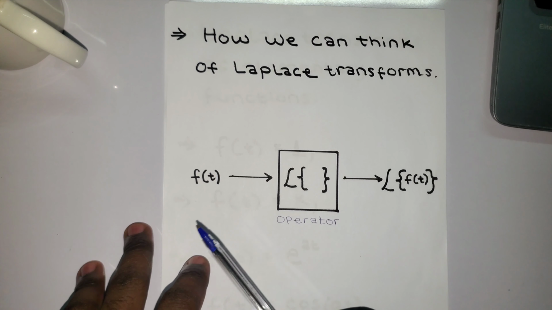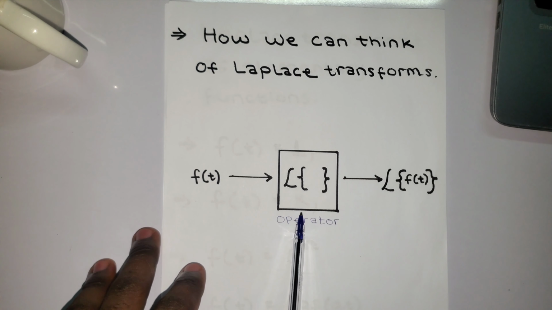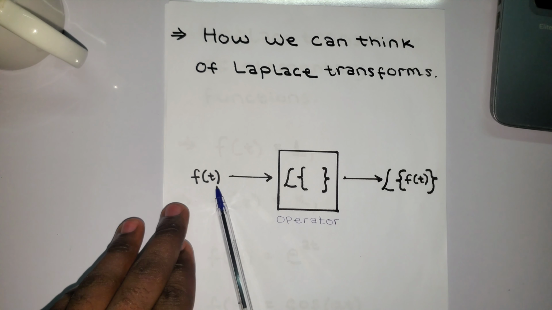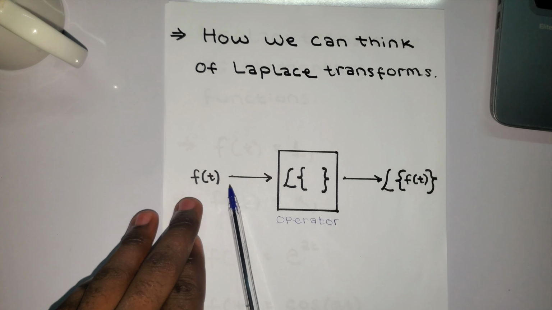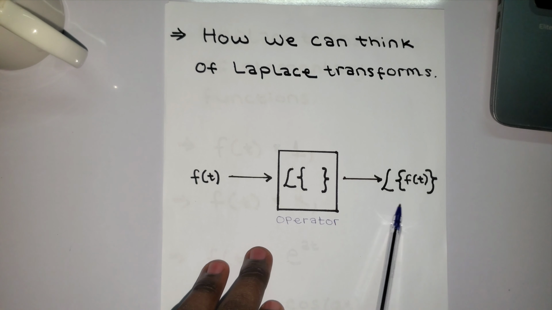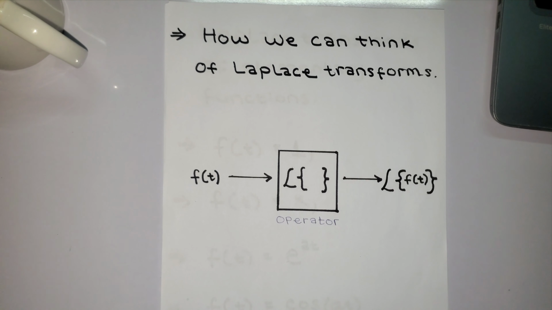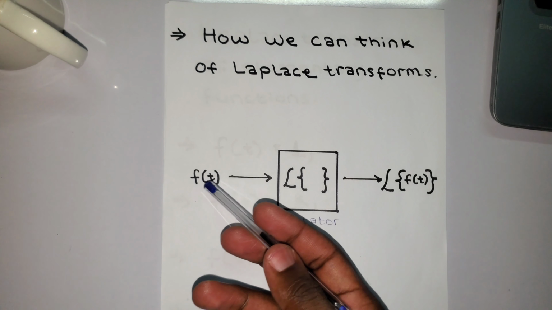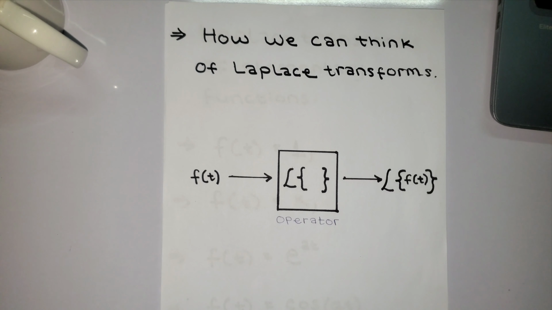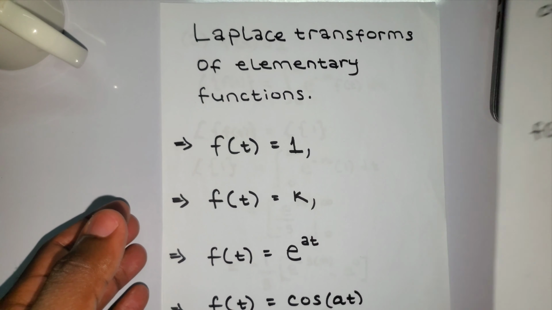A Laplace transform in a nutshell is basically taking a function and performing some operations on that function, and then obtaining another function, which is in this case a Laplace transform of the function we started with. So that's how we can think about Laplace transforms. With that in mind, I think we can get started with today's work.